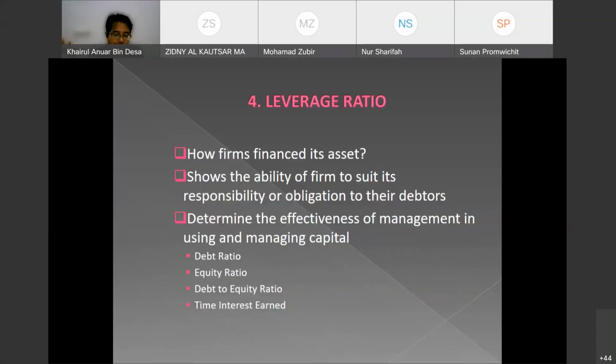How the firm finances assets shows the ability of the firm to meet its responsibility or obligation to its debtors and determines the effectiveness of management in using and managing the capital.